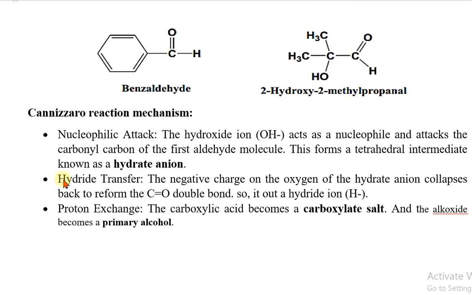Secondly, hydride transfer: the negative charge on the oxygen pushes out the hydride anion, which attacks the carbonyl of the second molecule. Thirdly, proton exchange: the carboxylic acid becomes a carboxylate salt, because the proton is transferred from one to the other, and the alkoxide becomes a primary alcohol.